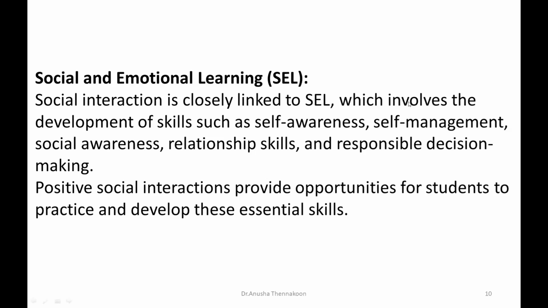Because of this social interaction within the classroom, the students will develop self-awareness, self-management, social awareness, relationship skills, and responsible decision making, and there can be many more. Positive social interaction provides opportunities for students to practice and develop these essential skills.